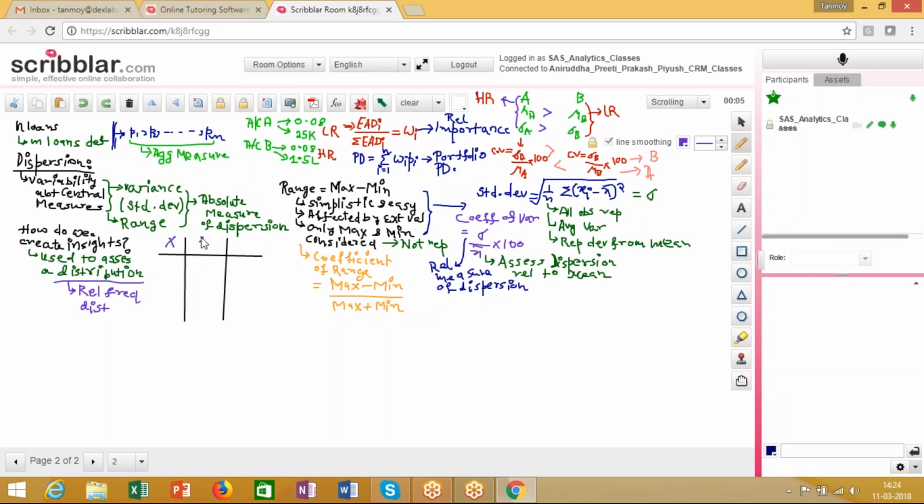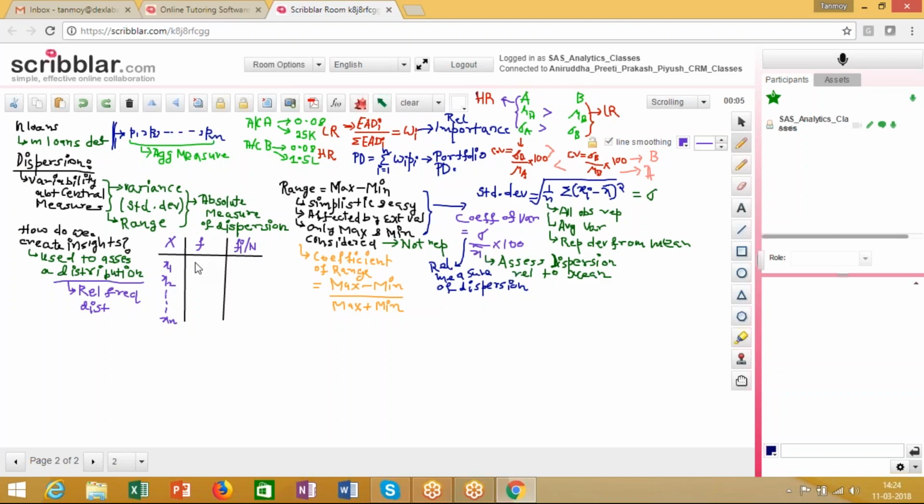For each outcome I also have a frequency, and from them I get a relative frequency, which is fi by n. The outcomes over here are: x takes the value x1, x takes the value x2, and like this, x takes the value xn.